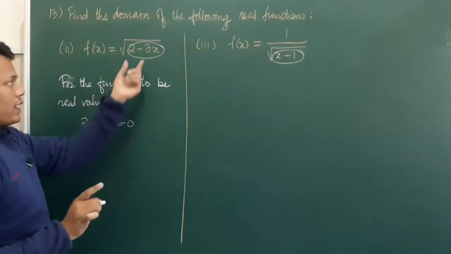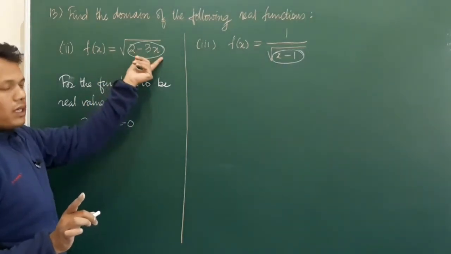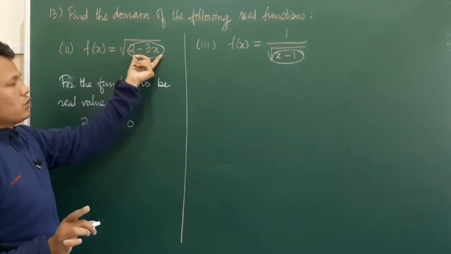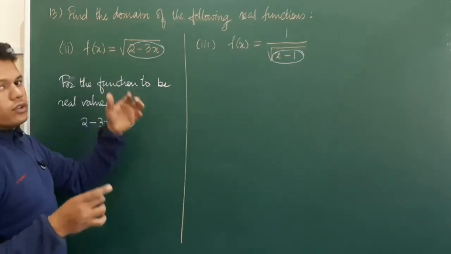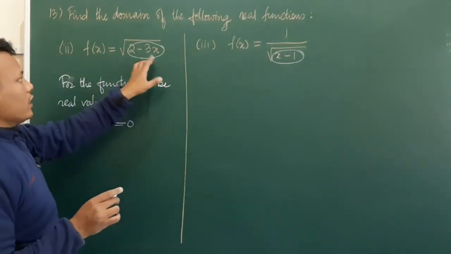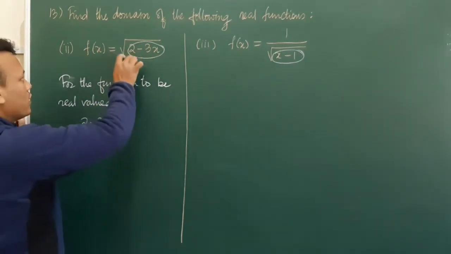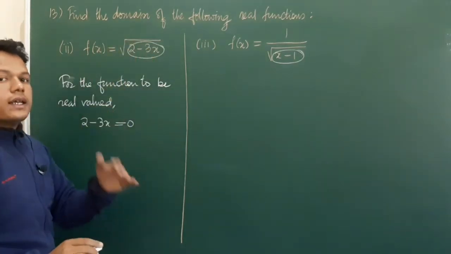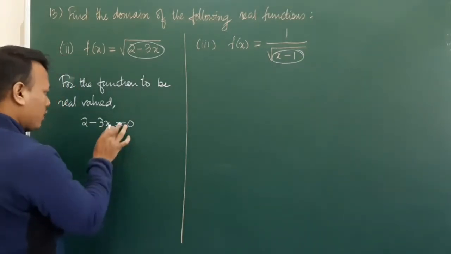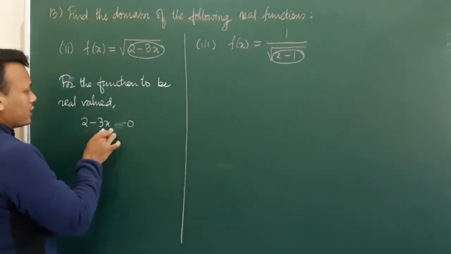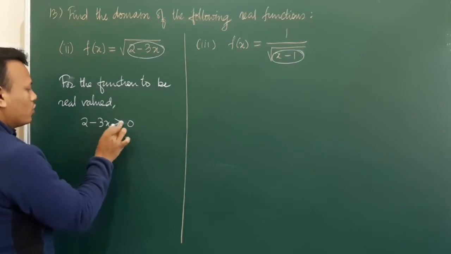It cannot be negative, we understood that. It can be equal to 0 because the square root of 0 is 0, and 0 is also a real number. Can it be positive? Yes, because the square root of a positive number is always a real number. So 2 minus 3x will be greater than or equal to 0.